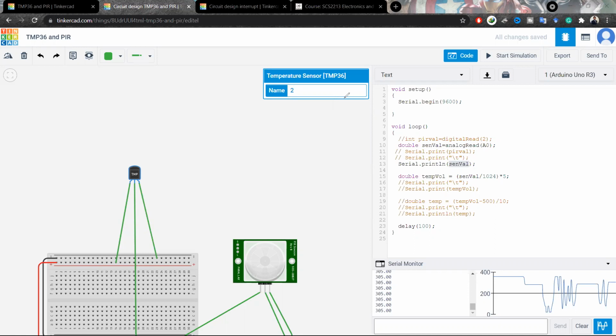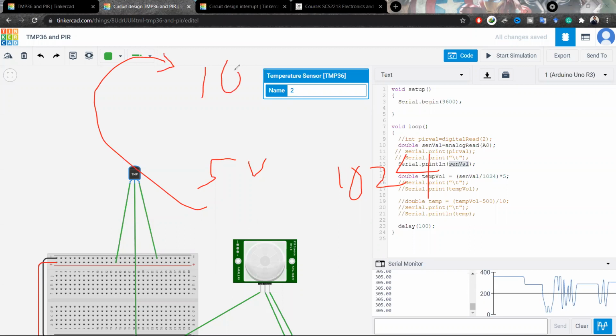Now it's kept on the 5 voltage, so the 5 voltage is the 1024. By using a reference signal, you can go like 10 voltage, unless the Arduino is going to burn. You can map this 10 voltage with 1024. Is it clear? Okay. Yes, sir.